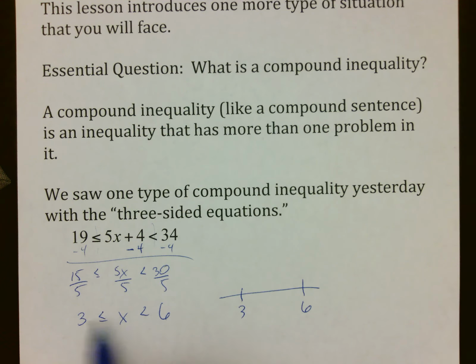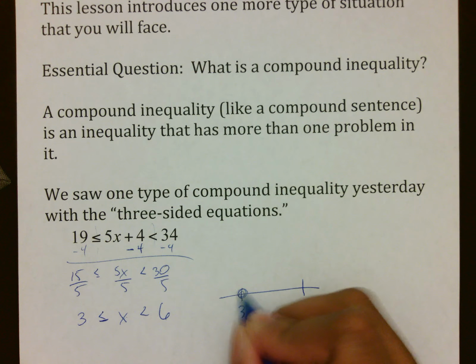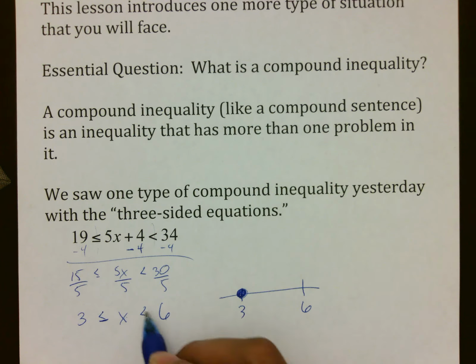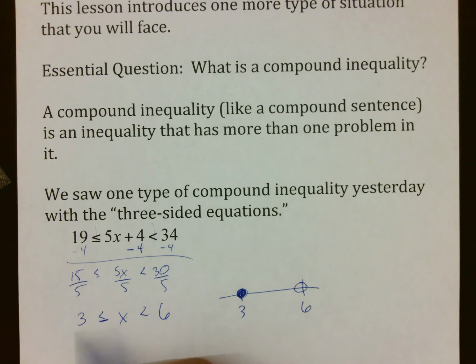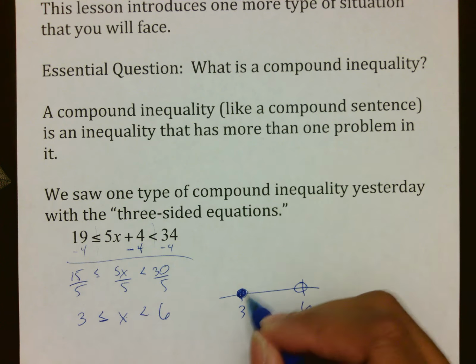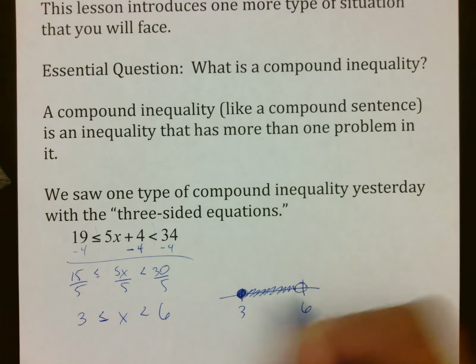Remember from section 3.1's video that if this is the symbol and it has the equal to it, it means 3 is actually included, and so that circle is closed. This is not included because it's just less than 6, and so this circle is open, and this would represent all the values between 3 and 6, inclusive on 3, not inclusive on 6, and there you go.